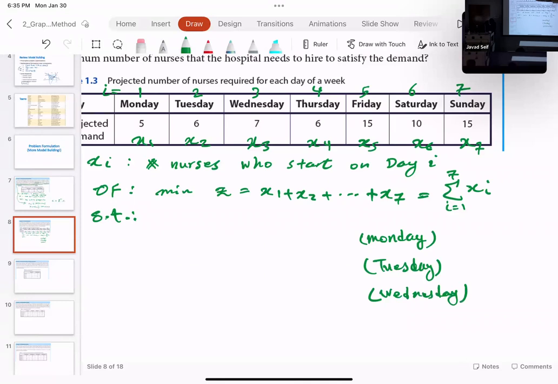And if it says that they need to work 3 consecutive days, does that mean they can't work 4 consecutive days? No, it's like the limit. And as an employer, you want to maximize how much you utilize your resources, right? So they can work for 3 consecutive days, but not for 2 consecutive days.